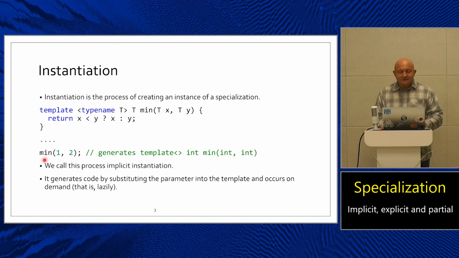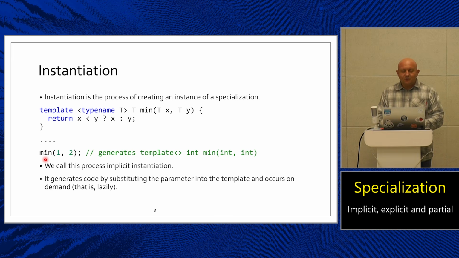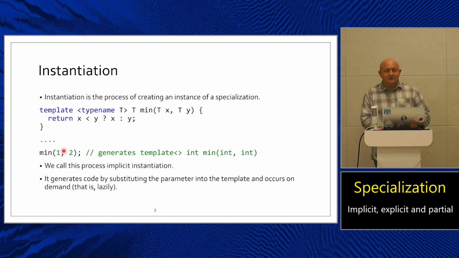It's called implicit because it happens automatically on demand, so-called lazily. The compiler only generates the code for the specialization of this template for type int, when T equals int, when it's actually needed.